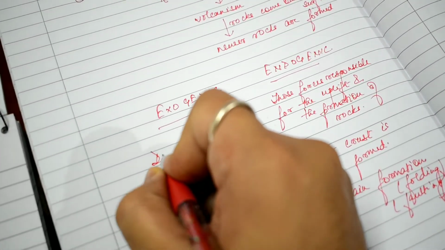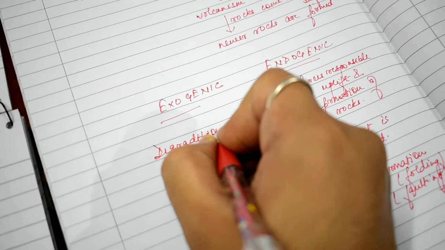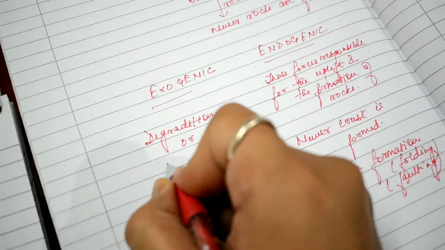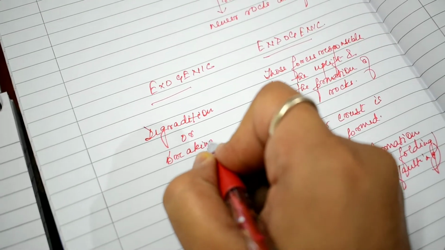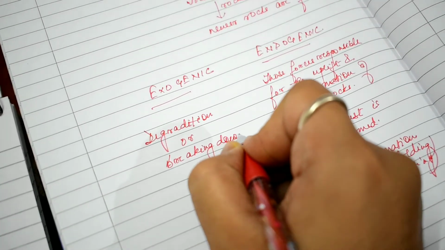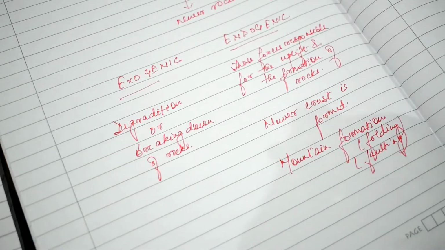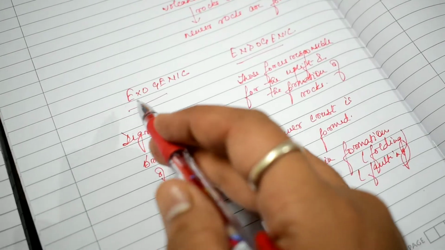What is degradation? Degradation is nothing but weathering, or breaking down. There is the breaking down of rocks, not only of rocks but of the high mountains and plateaus. All of the crust is broken down by the exogenic forces.